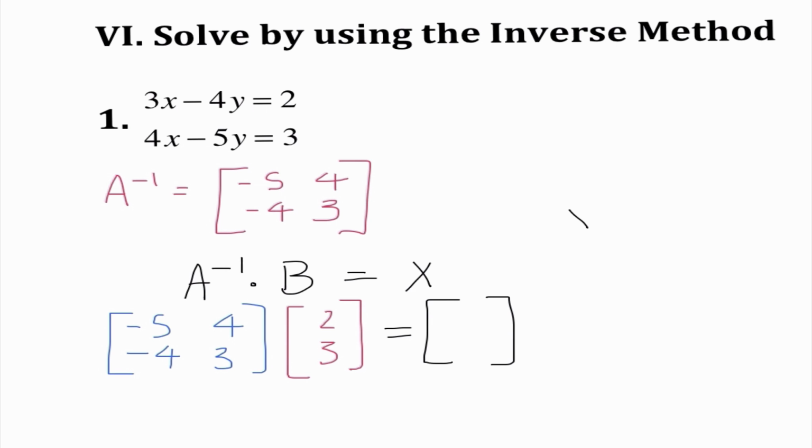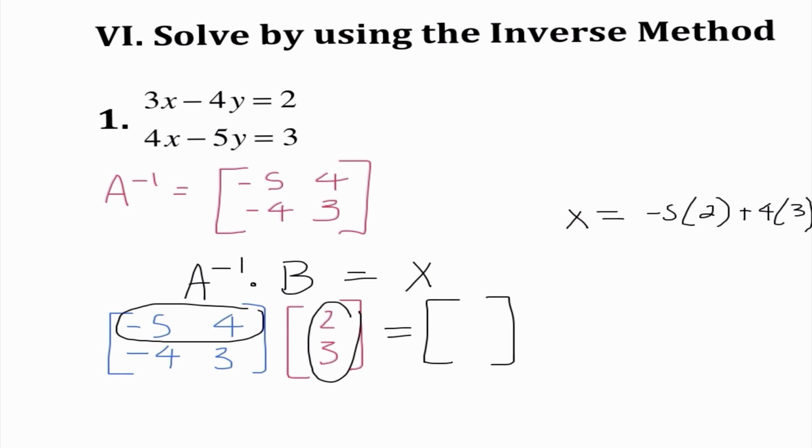So to find out what x is, I'm going to go ahead and do row 1 times column 1. And I'm going to go ahead and circle this row 1, column 1. So I have -5 times 2 plus 4 times 3. -10 plus 12 is 2.